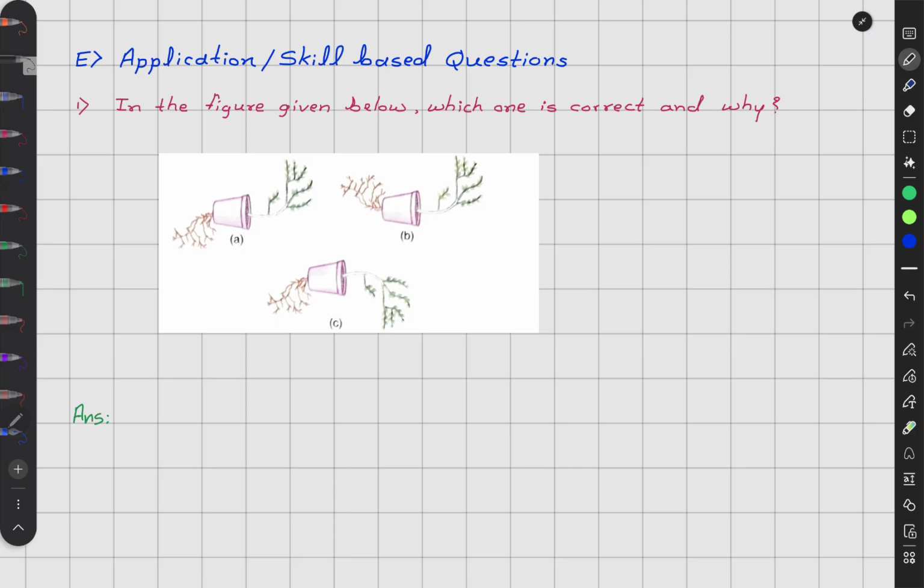The next section is E, application and skill based questions. In the first figure given below, which one is correct and why?